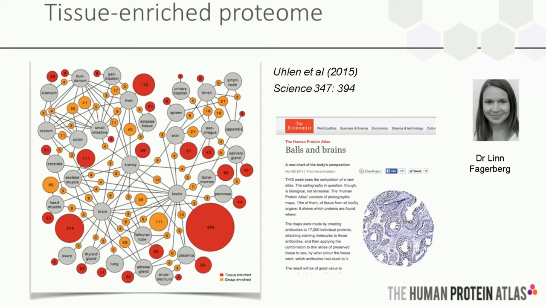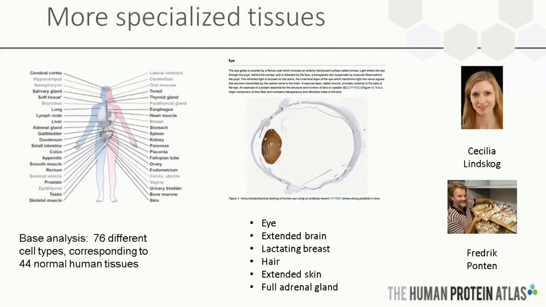One of the highlights that we saw is this enormous focus on tissue-enriched proteins in the testes of humans, which is much more than the brain. And this, of course, caused quite a lot of attention at the time.